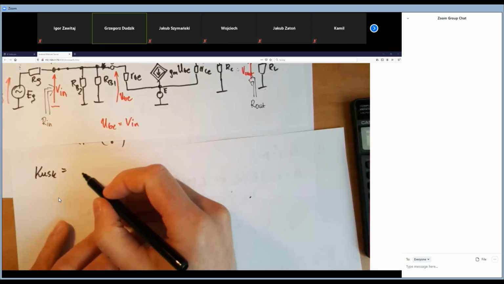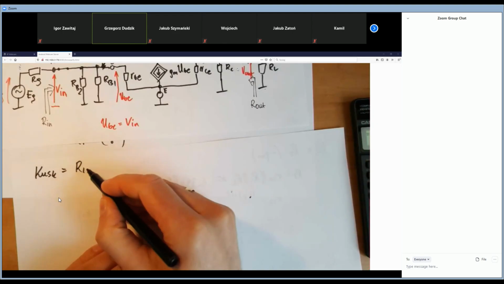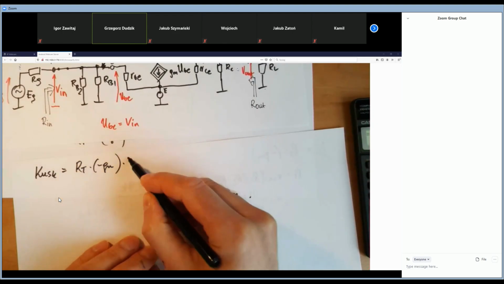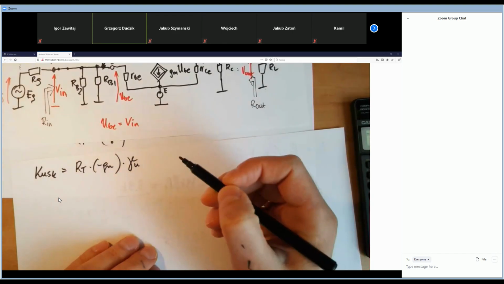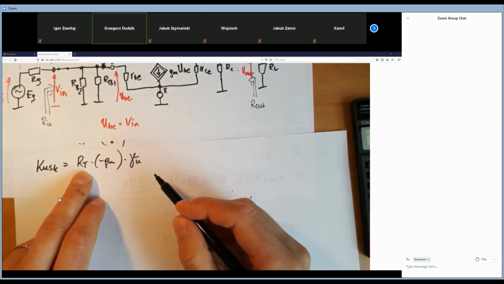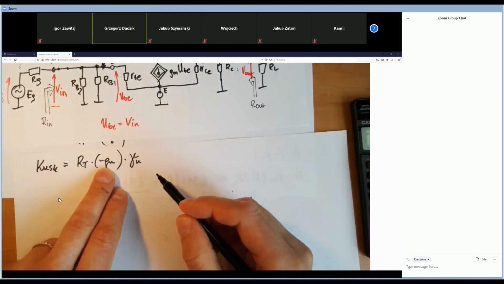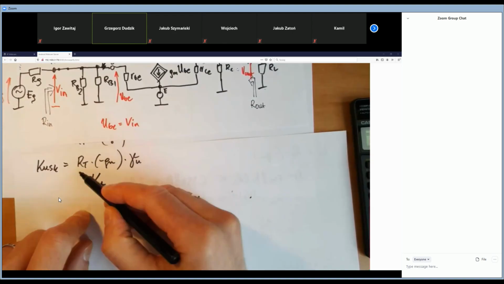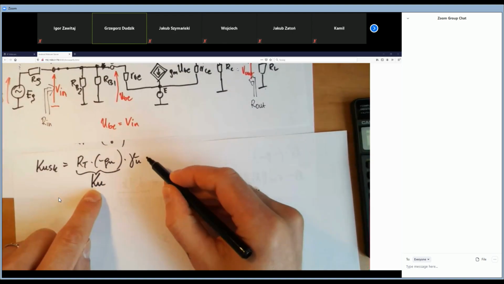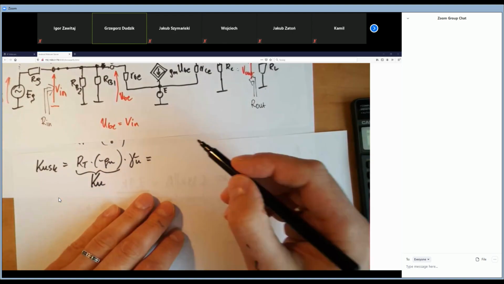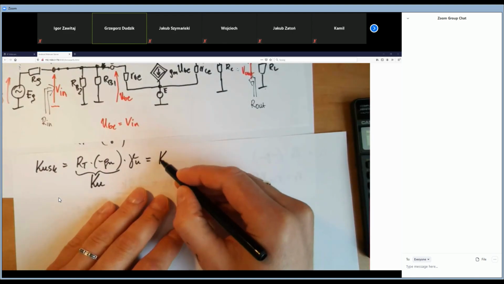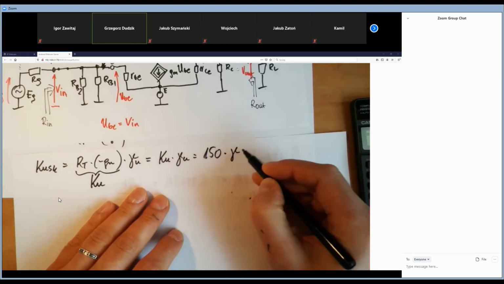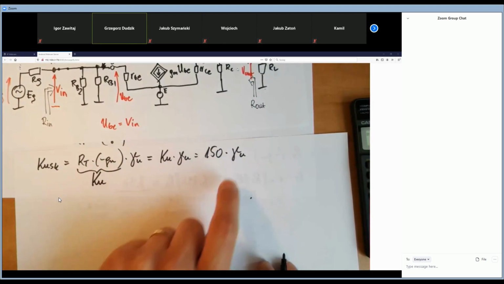Effective voltage gain is equal to RT times minus GM times gamma U. As you see, RT times minus GM is the Ku, in fact. So the Ku is given at this moment, so it is Ku times gamma U, which is 150 times gamma U. So we have to find the gamma U.